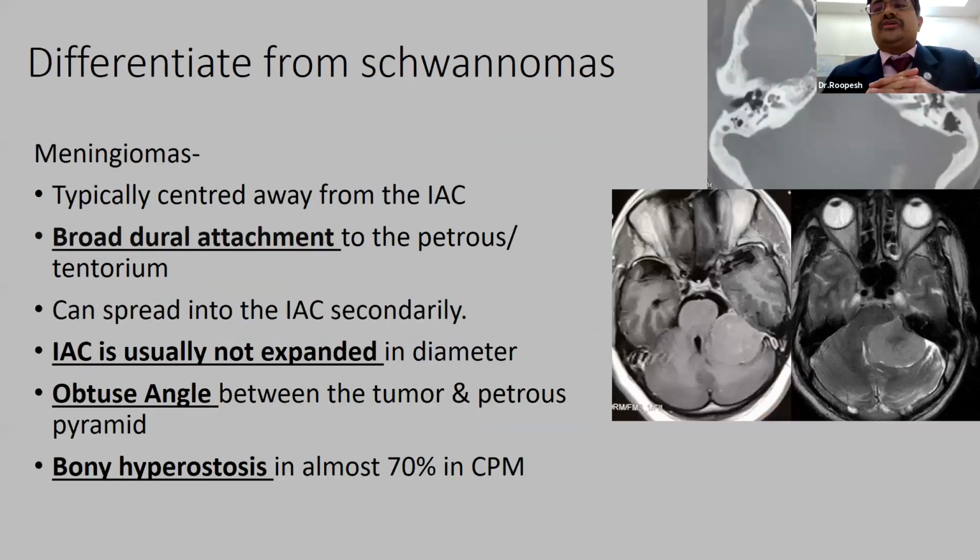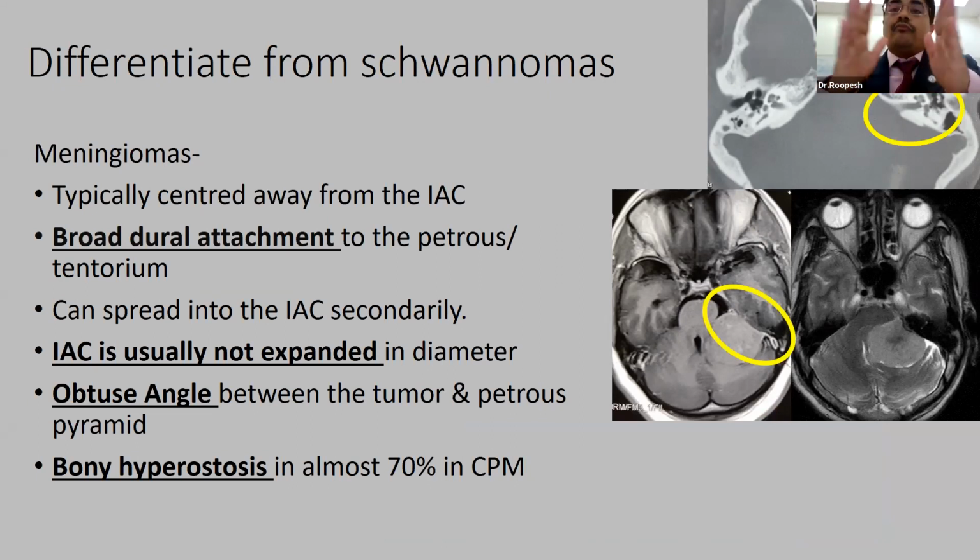Radiologically, I'm sure there will be some residents and fellows, so this is just to distinguish how a vestibular schwannoma and a meningioma differ from each other in the cerebello-pontine angle. Vestibular schwannomas are centered in the IAC, whereas meningiomas are not. The main thing is the broad attachment. As you see here, they have a very wide attachment to the petrous dura. Though these tumors enter the internal acoustic meatus, they never widen it, so you'll see a normal IAM, versus vestibular schwannoma, where you always see some widening.